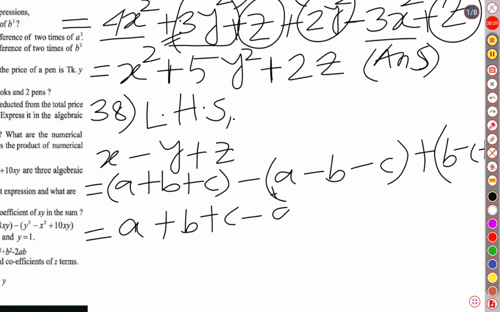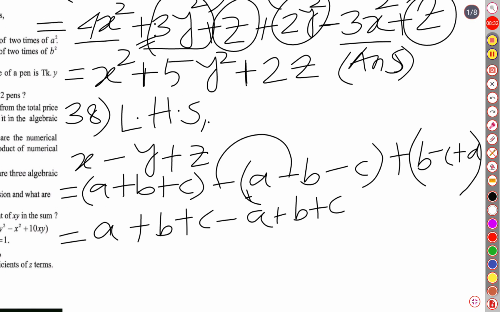We know for different symbols we should put subtraction symbol. Then in front of b there is minus symbol, outside the bracket also there is minus symbol. The symbols are same, that's why it will be positive b. In front of c there is minus symbol, outside the bracket also minus symbol, so for same symbols we put plus c.